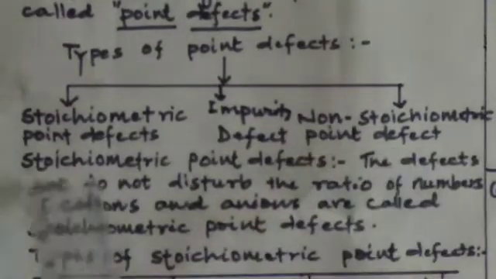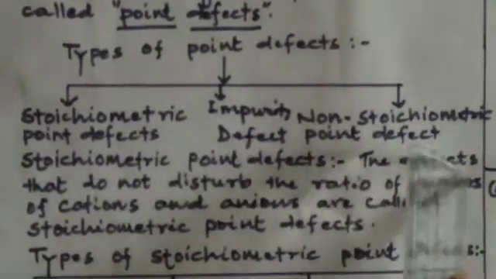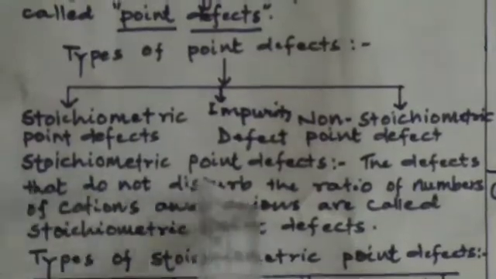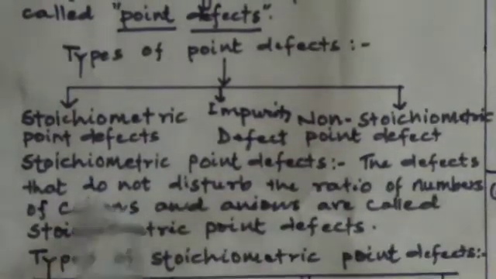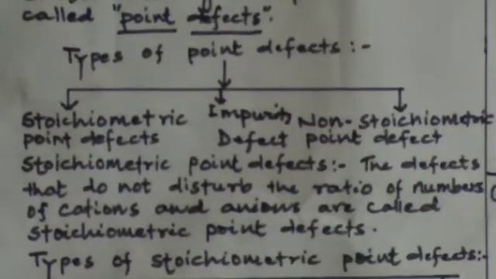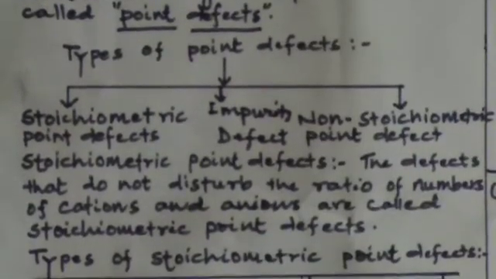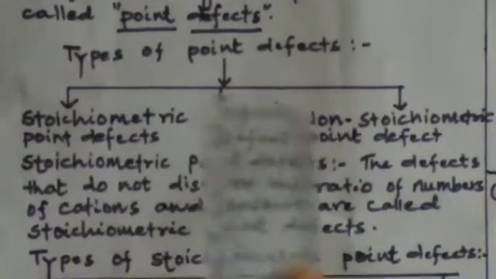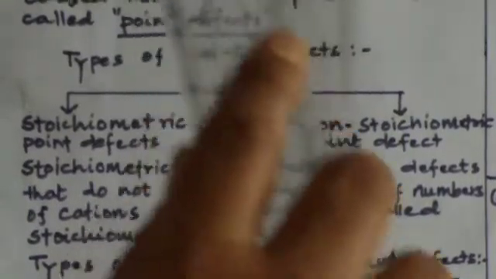The defects that do not disturb the ratio of the number of positive ions and negative ions are called stoichiometric point defects. In an NaCl crystal, what we find is that there are 6 sodium ions and 6 chloride ions.